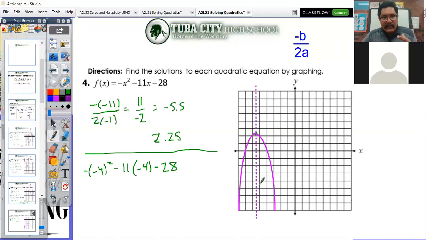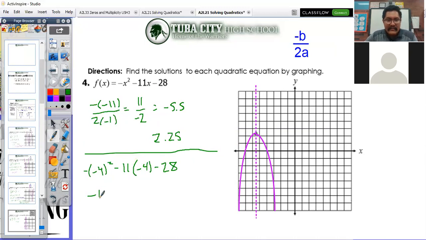I talked about the solution with the graph, but what does solution mean numerically? That's going to be the next lesson after this one: how do we find the solutions without the graph?